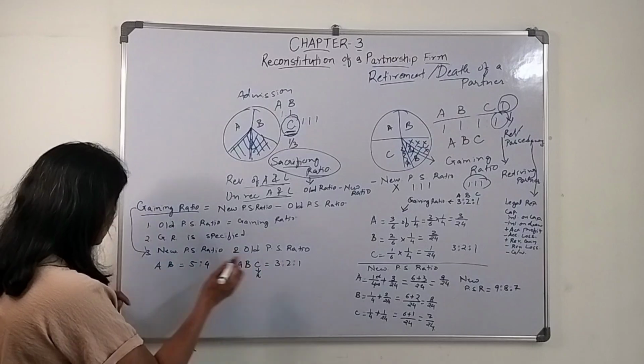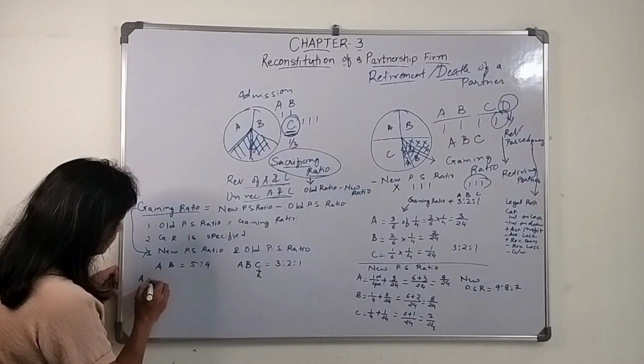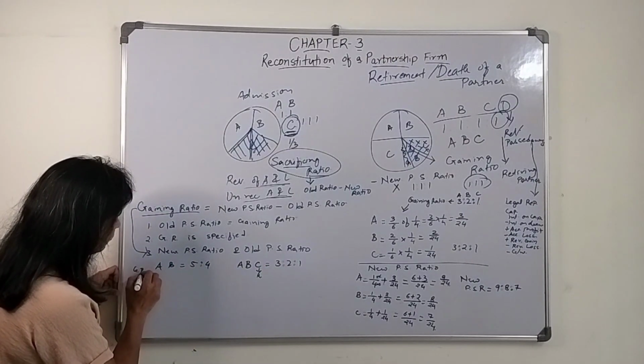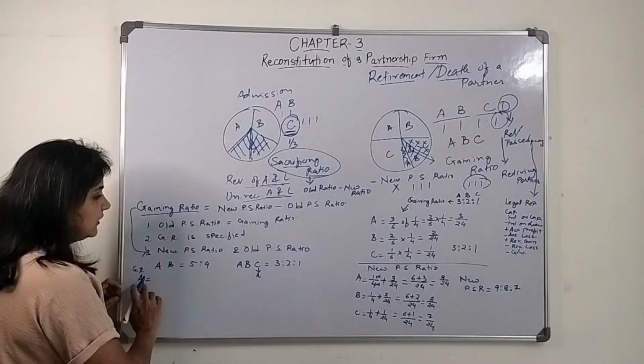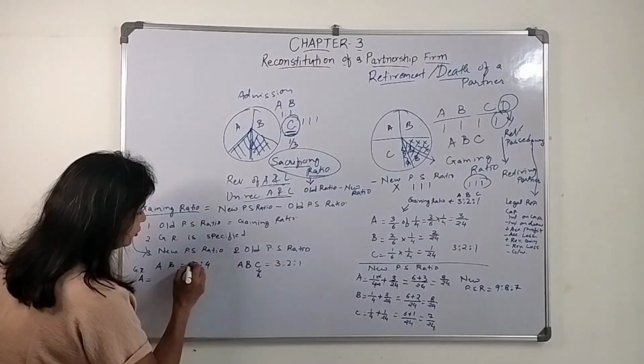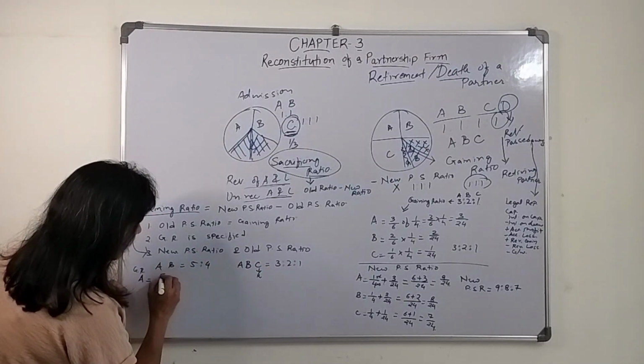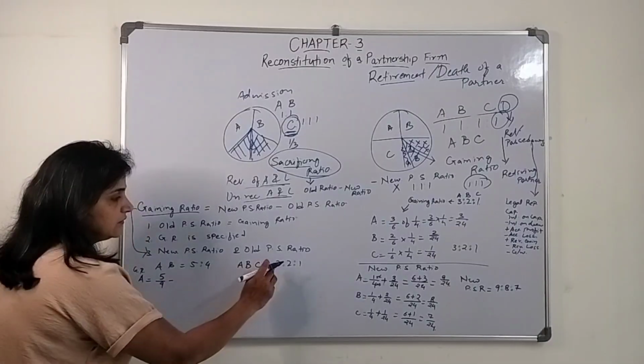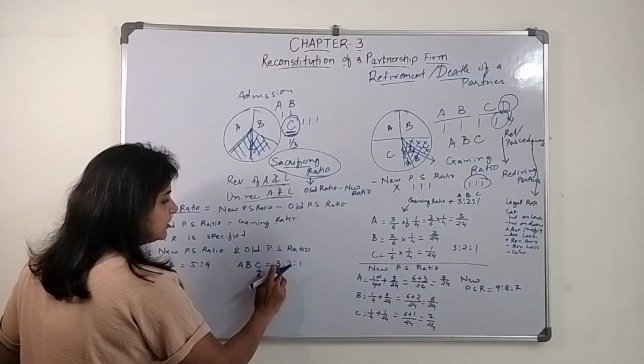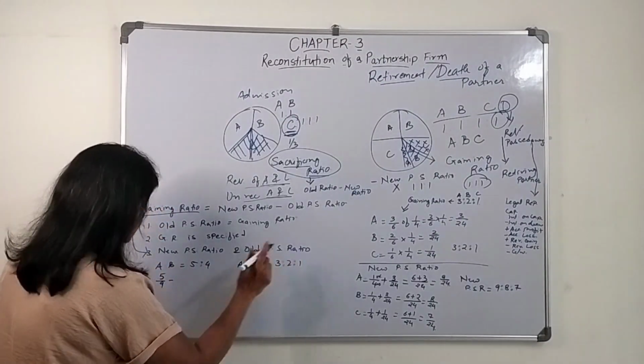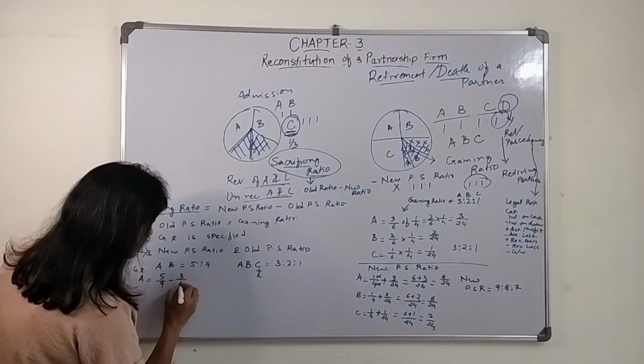We will determine it. Here we are going to determine the gaining ratio. So A's gaining ratio is how much? The new profit share is 5/9 minus the old profit sharing ratio, which was 3 plus 2 plus 1, 6, so 3/6.